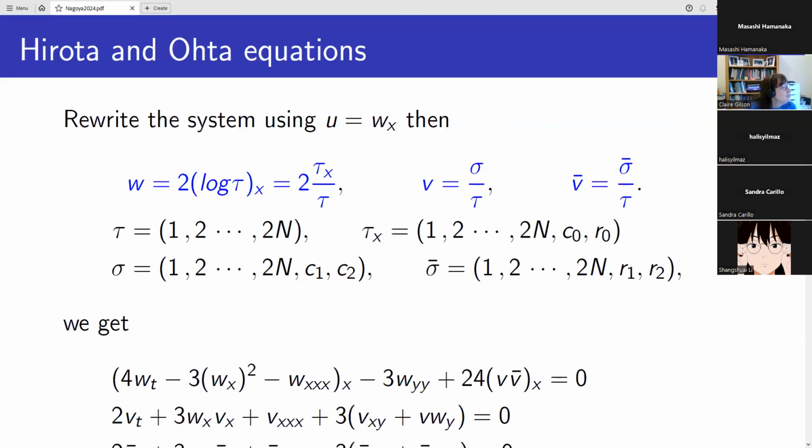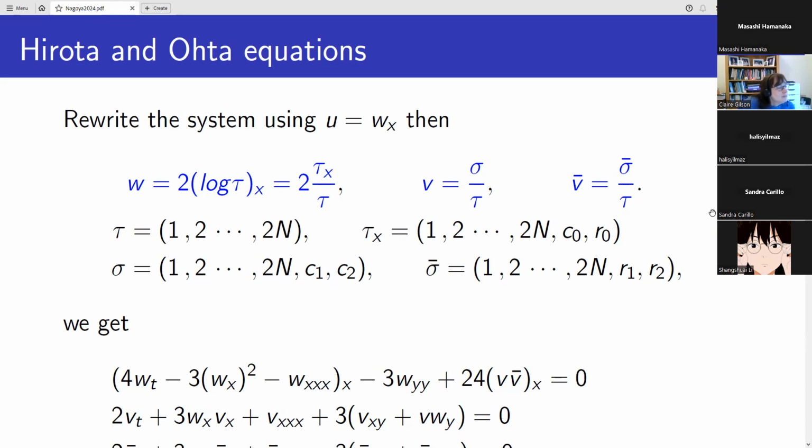And so I'm going to rewrite the system in terms of W because I don't want integrals in there. So I'm going to set U equals W_X, and then my system looks like this here. So the W is now just one derivative with respect to X of log, and the V and the V bar are the same.